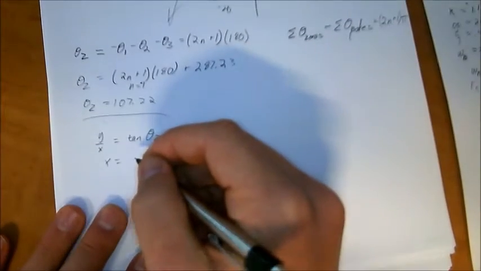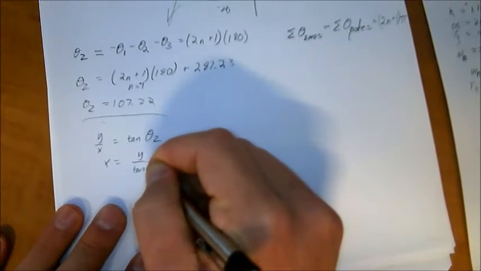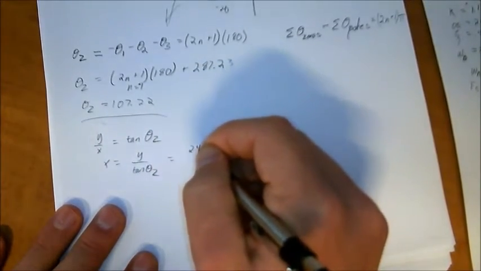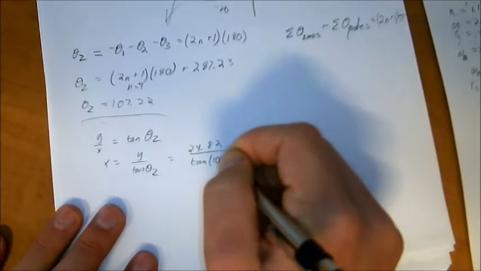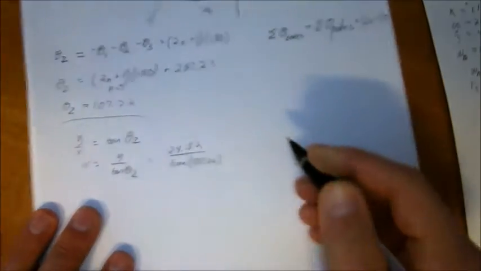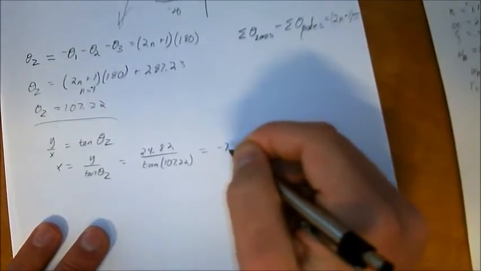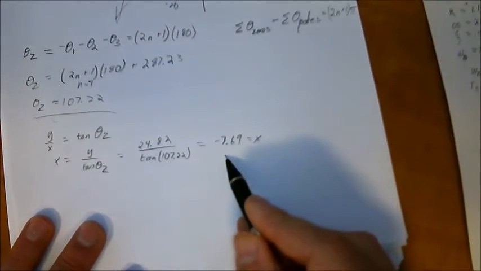So x is equal to y over tangent of theta z, which is equal to 24.82 all over tangent of 107.22. Okay. And this value is going to equal negative 7.69, which is x.